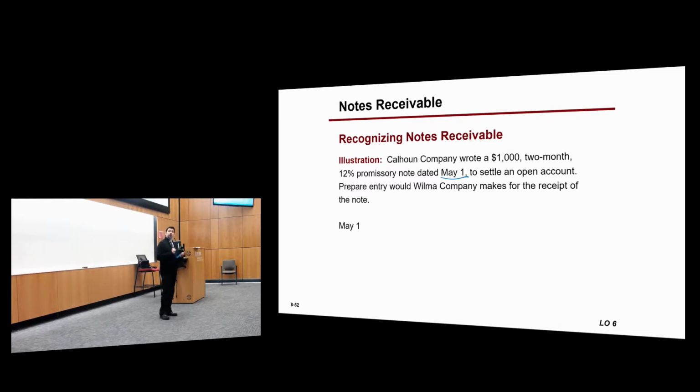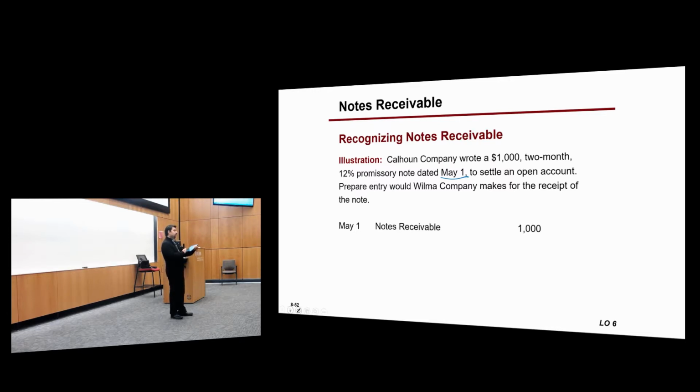Now, in this example, you are not giving them cash, but they are settling their account. So the company's accounts receivable will decrease. Instead, there will be a note receivable. What's happening in this case? The company will have less accounts receivable, more notes receivable.